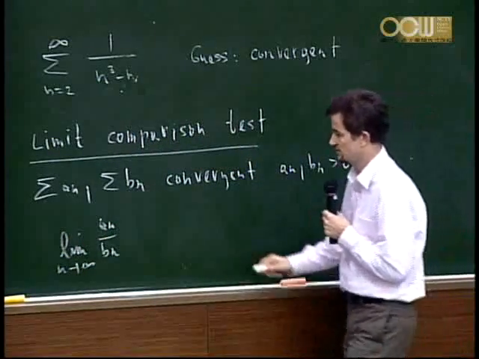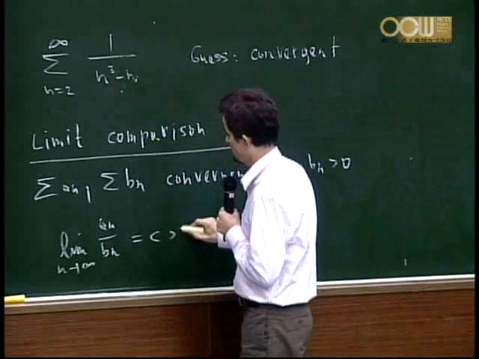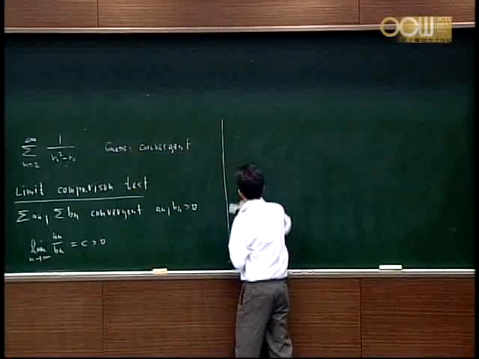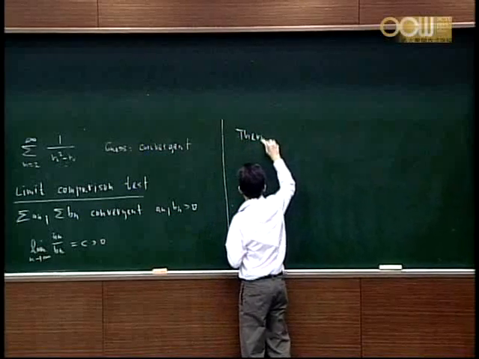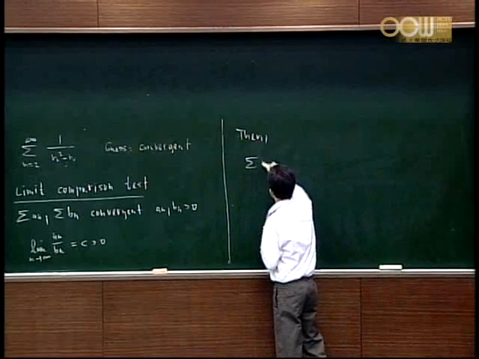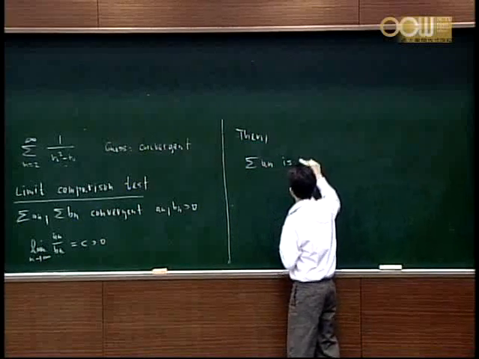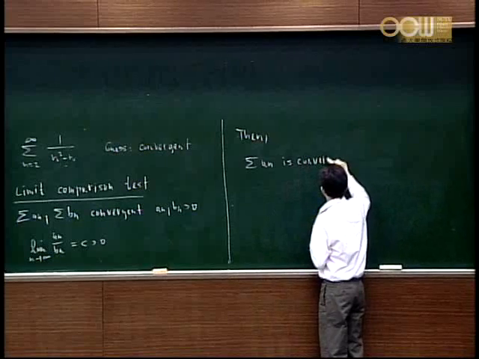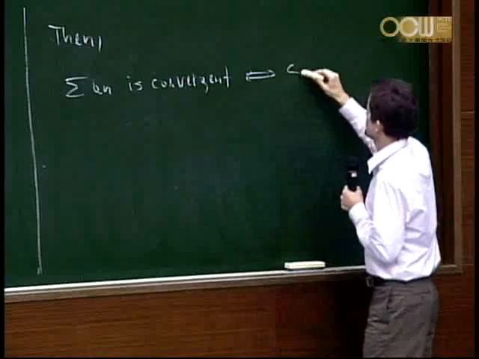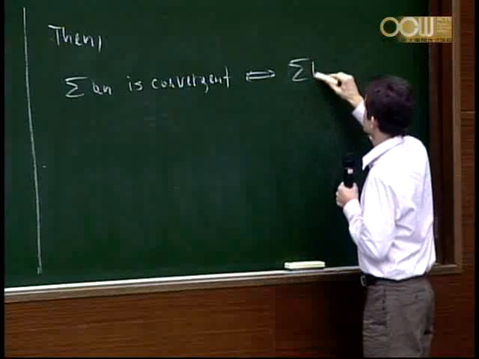If this limit exists, is equal to c and c is larger than 0, then this series is convergent if and only if this series is convergent. The other one is convergent.